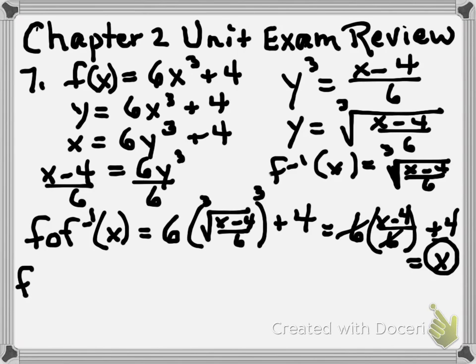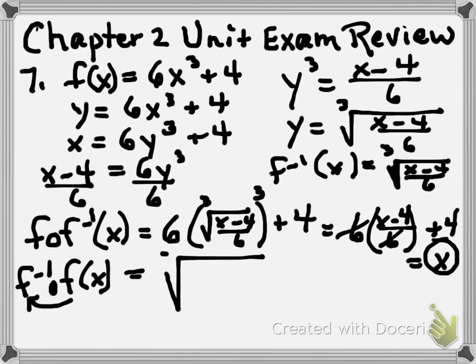Now when I take the inverse in composition with the function f of x, that means that the f function goes into the inverse. So the inverse is the cubed root of x minus 4 over 6. So in place of x minus 4, I'm putting in the f function, which is 6x cubed plus 4.